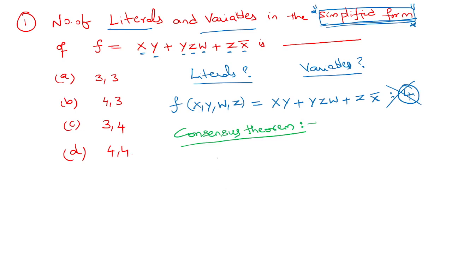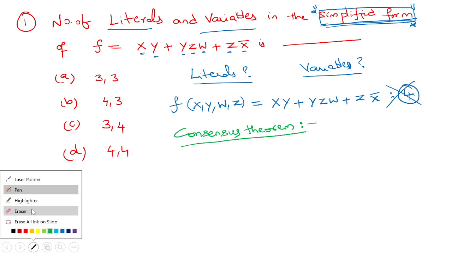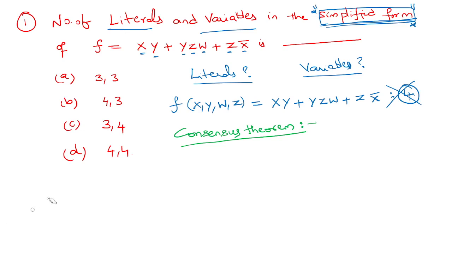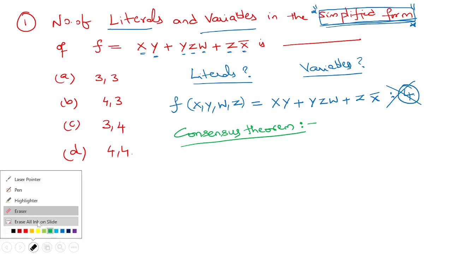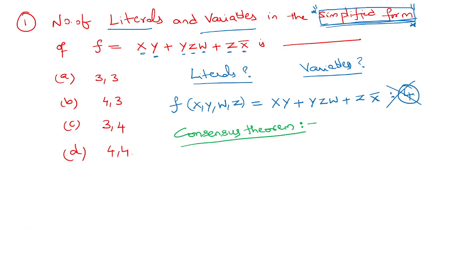Let's understand literal also. Okay, what is a literal then? We understood variable, very clear. A literal is nothing but x is a literal, x bar is a literal, y is a literal, y bar is a literal, z is a literal, z bar is a literal, w is a literal, w bar is a literal.